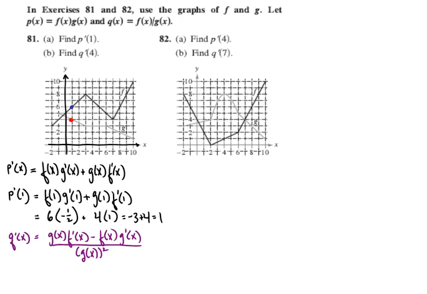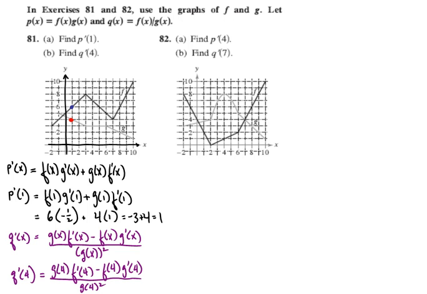Now all we need to do to evaluate q prime of 4 is to substitute 4 wherever we see x in the above expression. So we have g of 4 times f prime of 4 minus f of 4 times g prime of 4 over g of 4 squared.